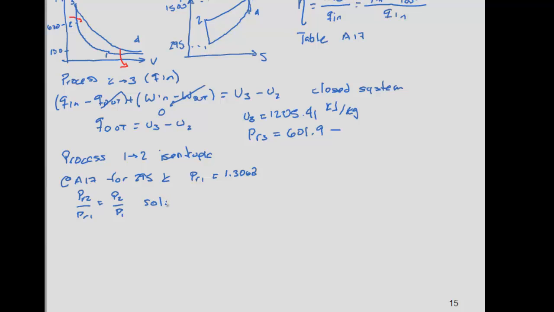So solving for PR2, we have PR1 times P2 over P1, and this is 1.3068 times 600 over 100, and this is 7.841.